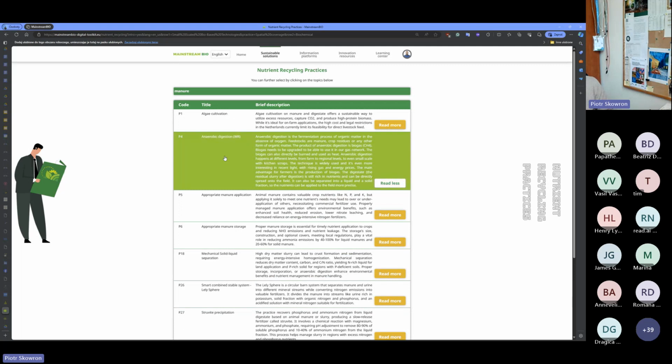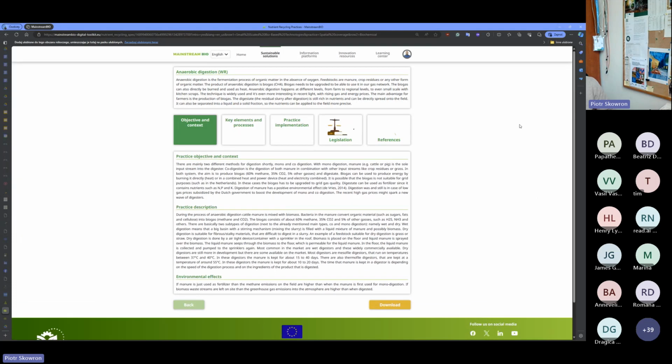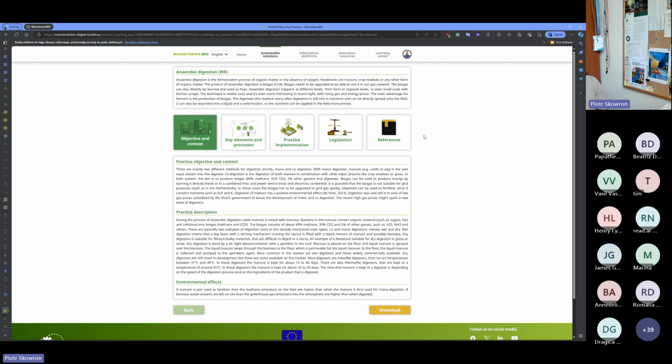When we go inside anaerobic digestion, we have more details about objective, key elements, practice implementation, legislation, and reference. And as you see, we have a very big database about the most popular nutrient recycling practices.